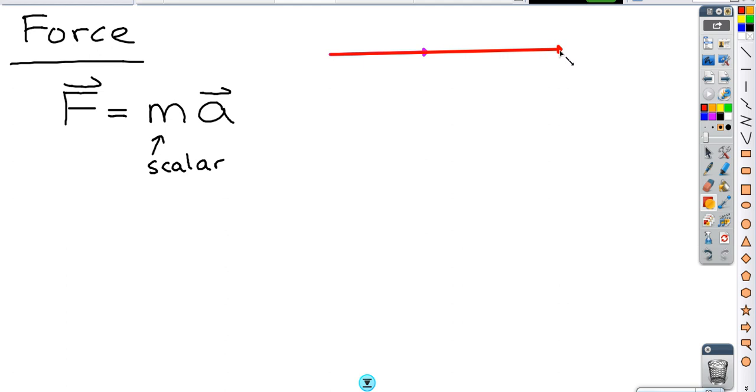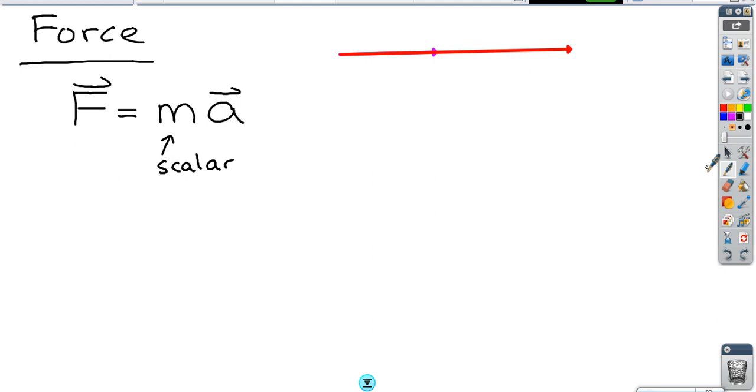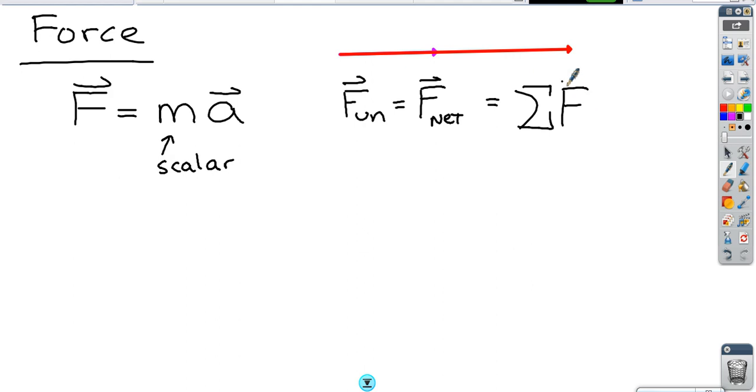Now, when we find F net, remember F net is the sum of all the forces, but it's the vector sum. So what we normally call F net, which is the same as the sum of all the forces, is really a vector sum.